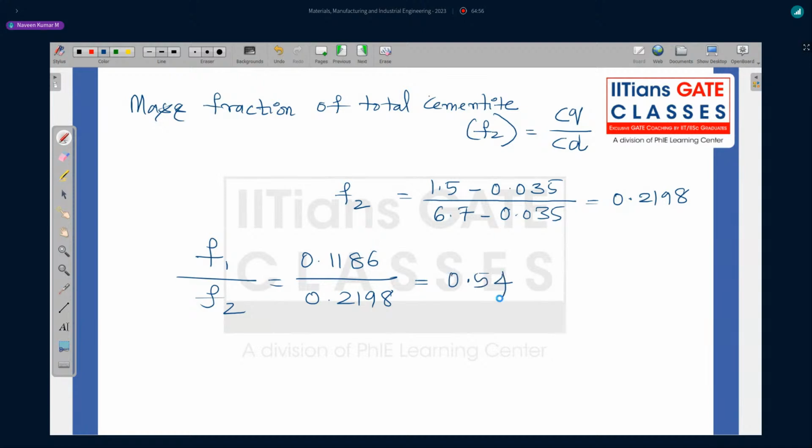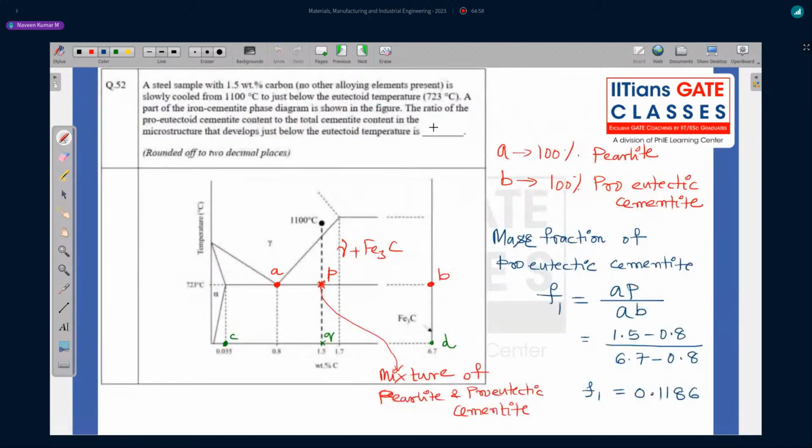That is the answer, so you have to fill in the value as 0.54. Good. Now let's proceed to the next question.